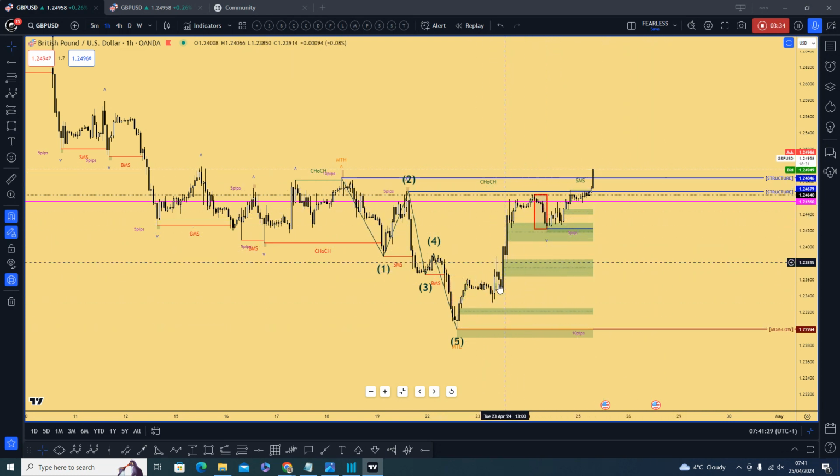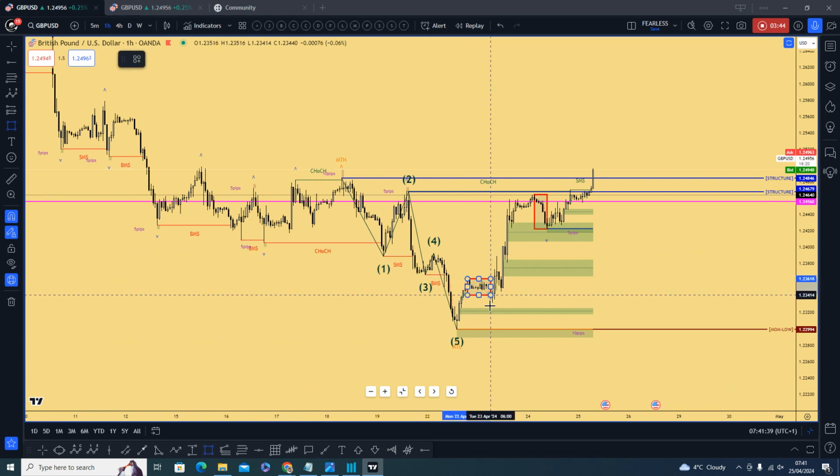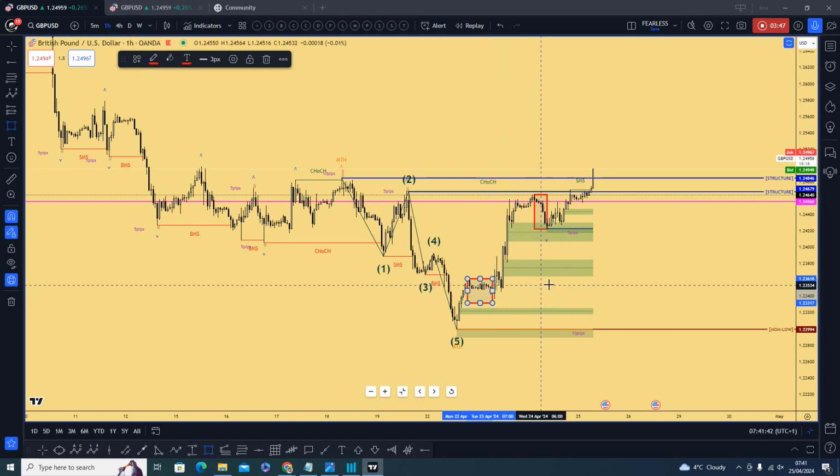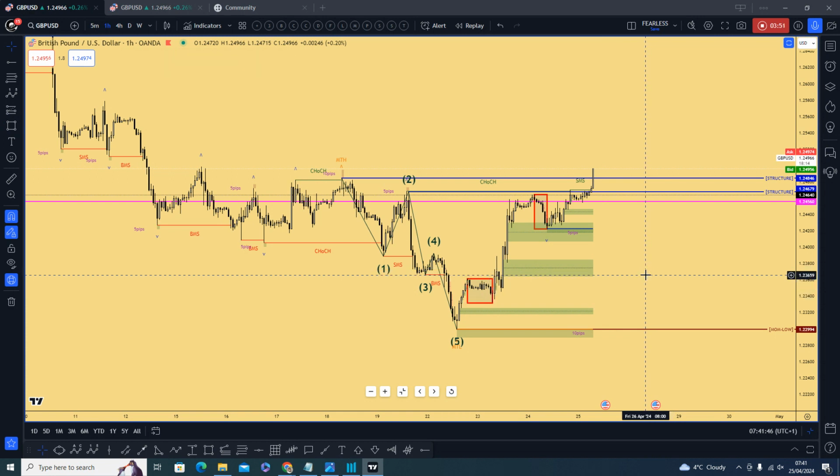So now this is the primary trend, the uptrend is the primary trend. And the pullbacks in these trends, they carry information. They give us valuable information of what to be expecting or what to do.